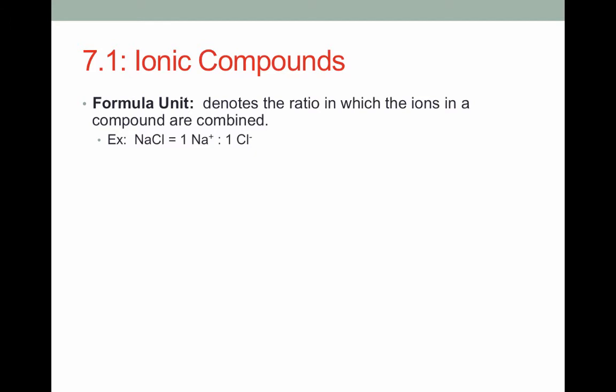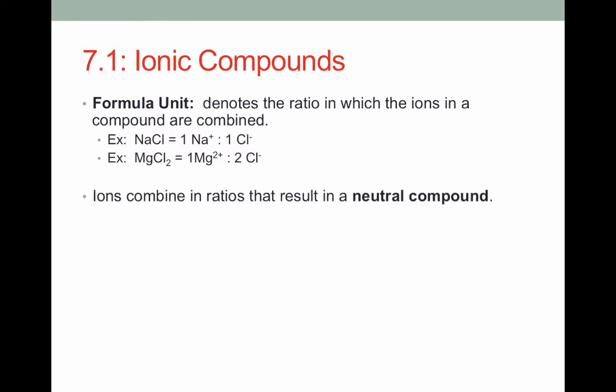Basic ionic compounds. As we've said, a formula unit denotes the ratio in which the ions in a compound are combined. For instance, NaCl tells us that for every 1 Na+, we have 1 Cl-. MgCl2, on the other hand, tells us that for every 1 Mg2+, we have 2 Cl-. So what makes NaCl combine in a 1-to-1 ratio and MgCl2 combine in a 1-to-2 ratio? Well, ions will always combine to form a neutral compound.